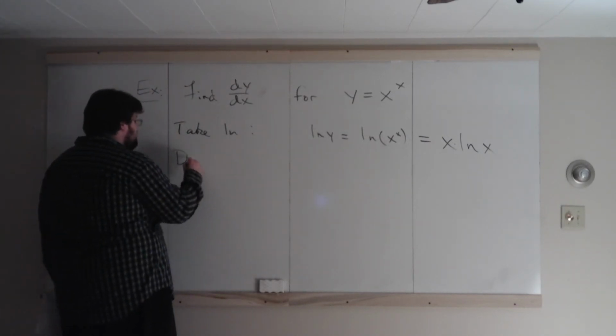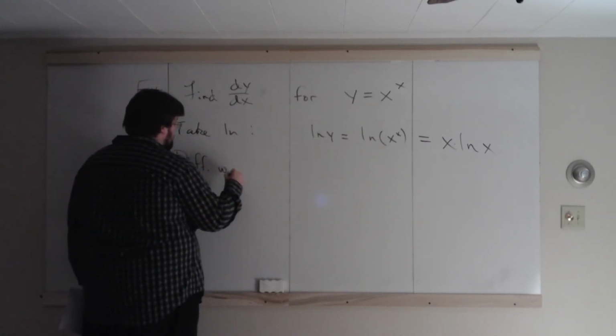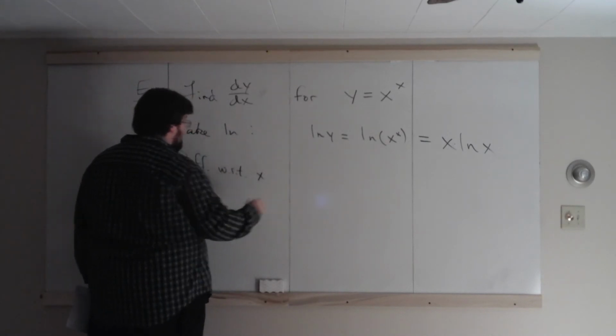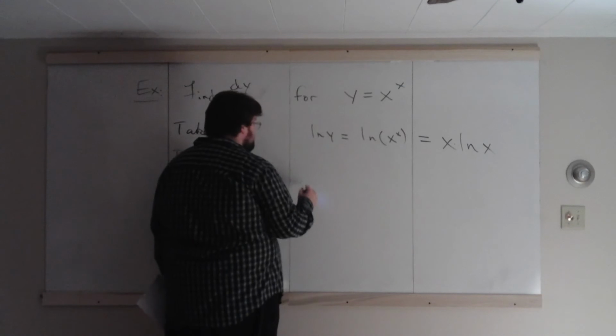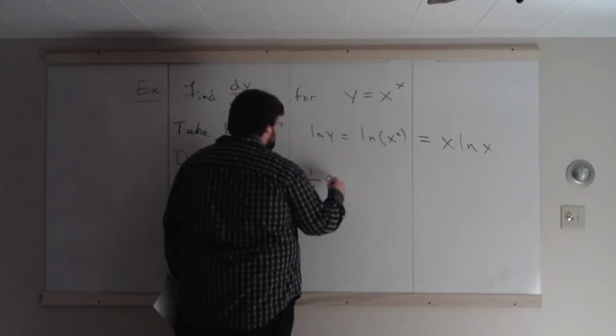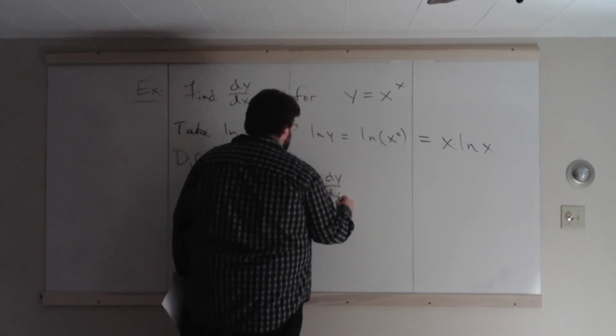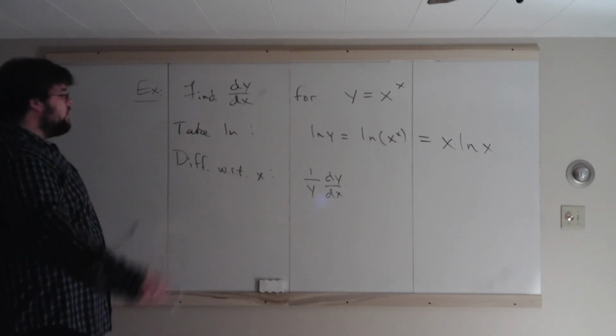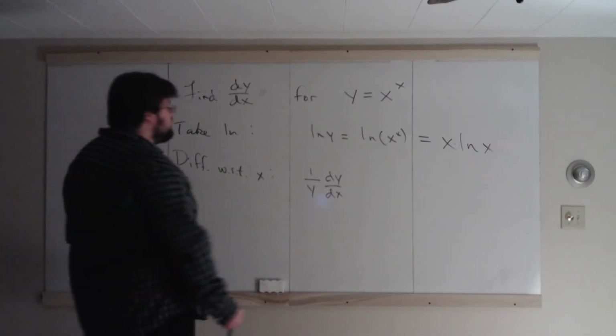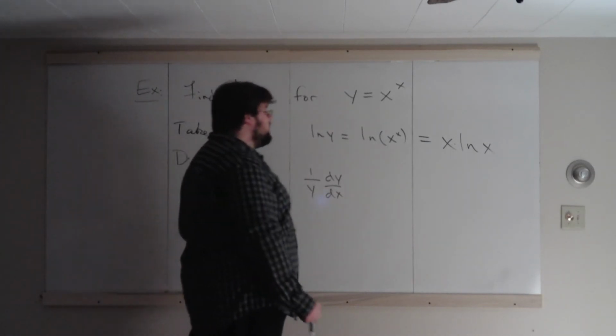So differentiate with respect to x. Well, on the left side, we're still going to get 1 over y dy/dx. Derivative of log y, 1 over y times the derivative of y times dy/dx.